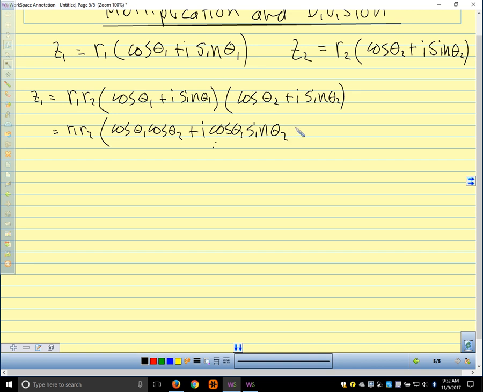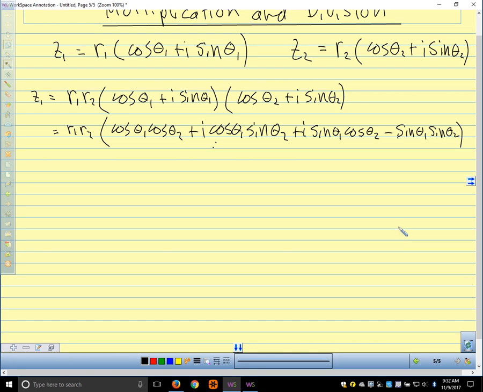My inside, I get plus i times sine theta 1 cosine theta 2. And for my last, I get i squared, which is negative 1. So I get minus, because I get an i squared there, sine theta 1 sine theta 2.